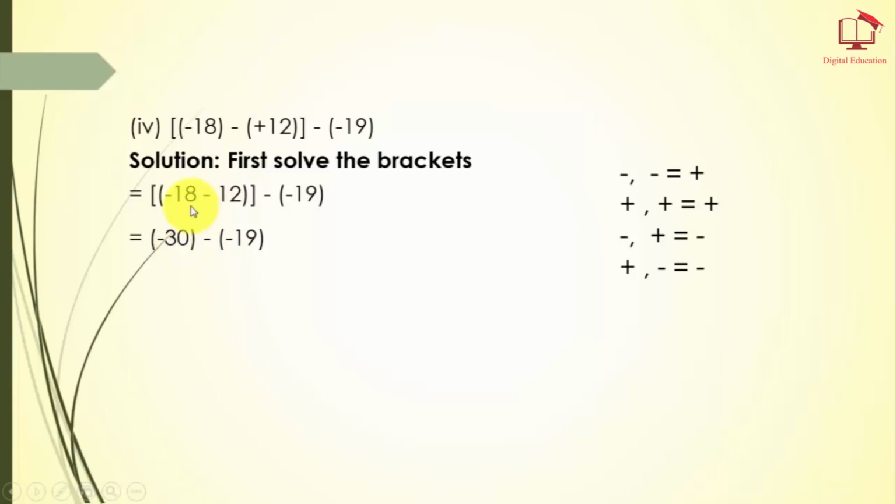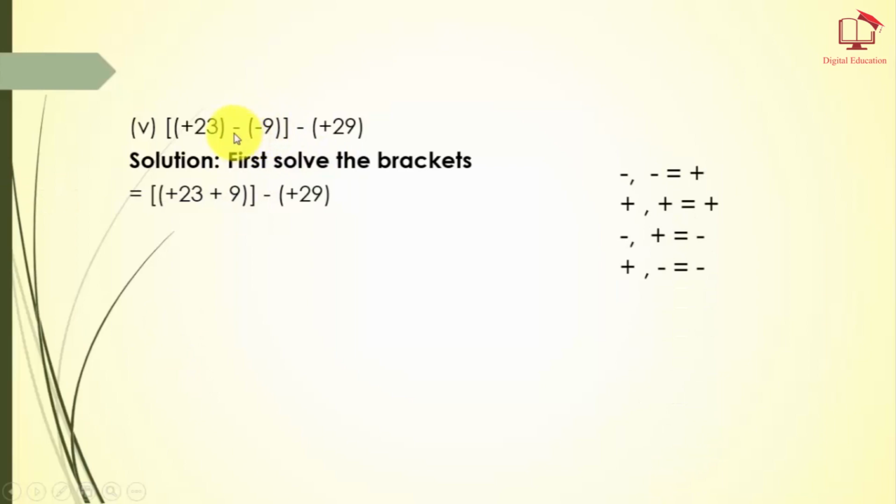It has a negative sign, that is why we write here negative. Again minus minus plus and minus 30 we will write as it is. If 30 minus 19 we have 11, and 30 is the greater integer, it has a negative sign, that is why we write here negative.